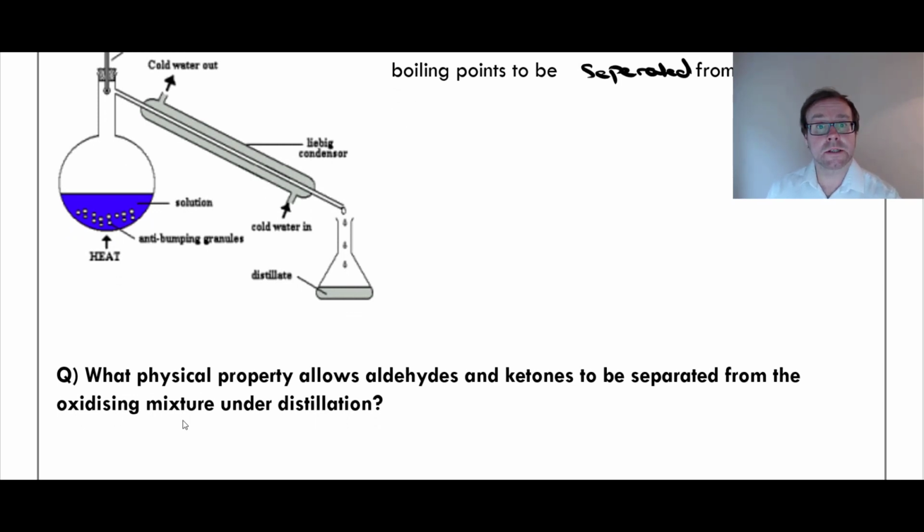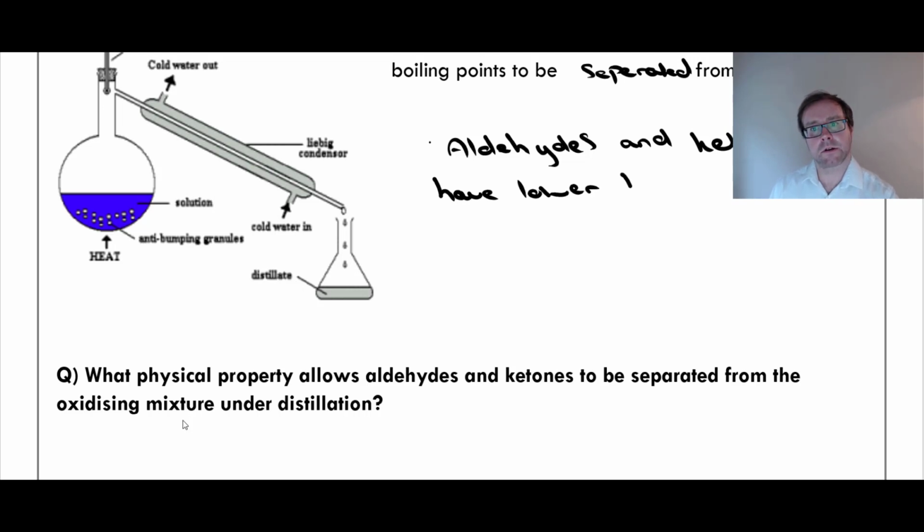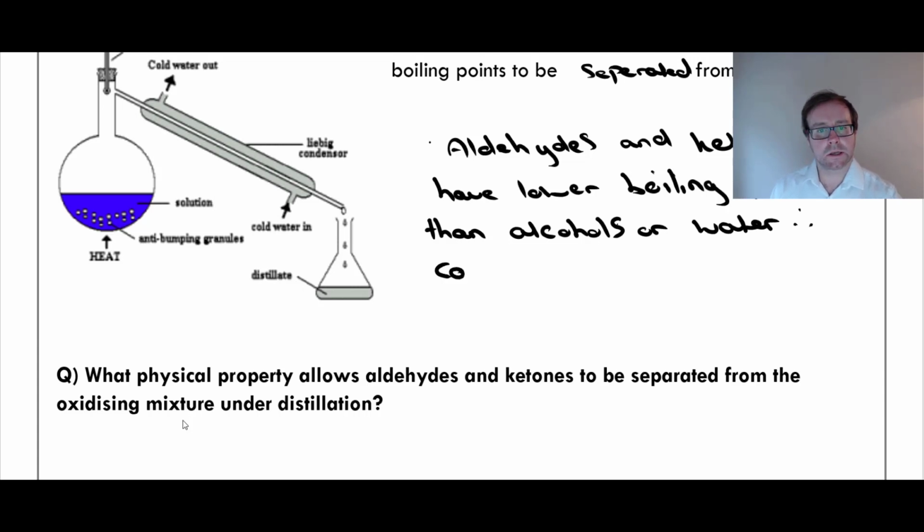So we can just put that into words and say that aldehydes and ketones have lower boiling points than alcohols or water, therefore can be distilled off.